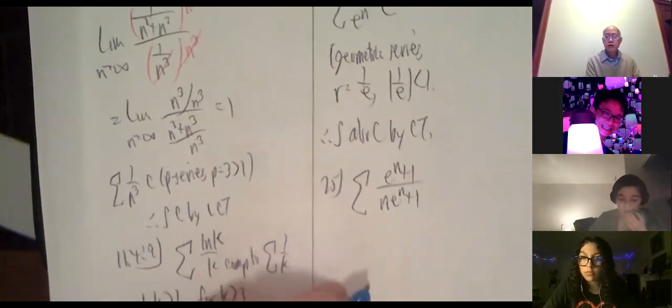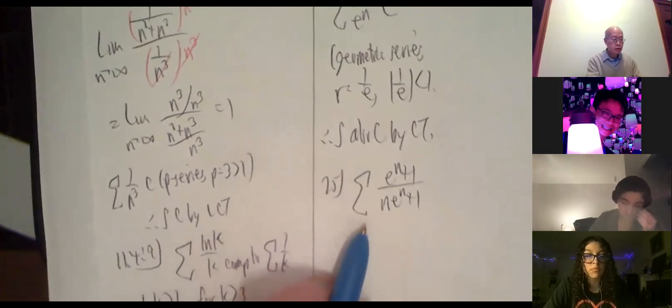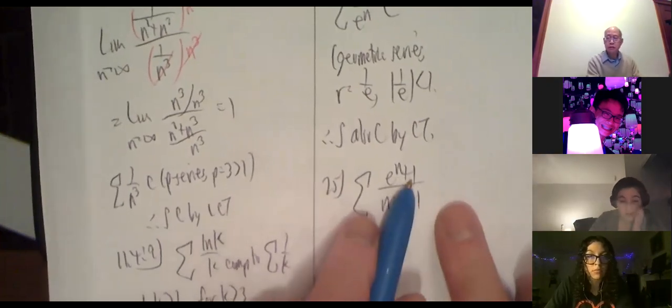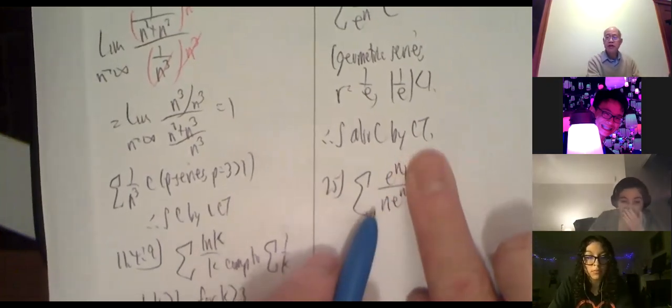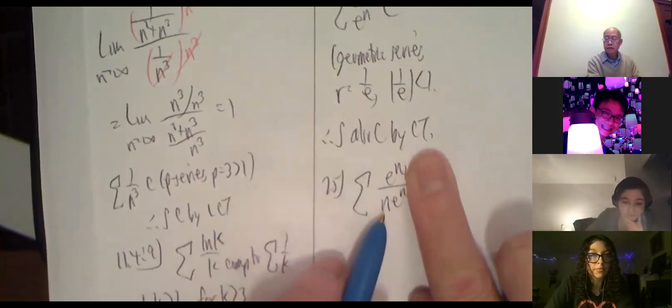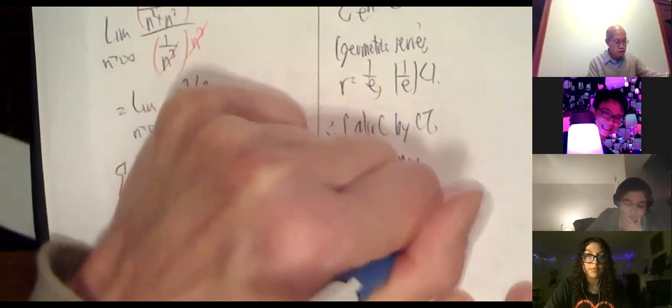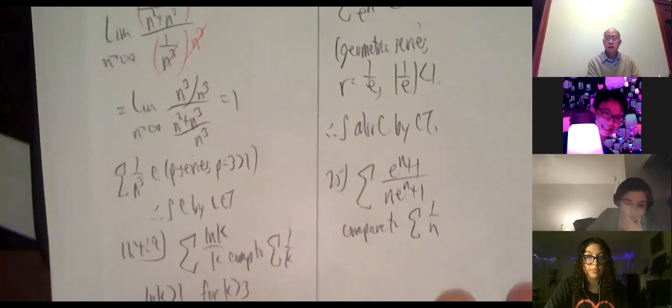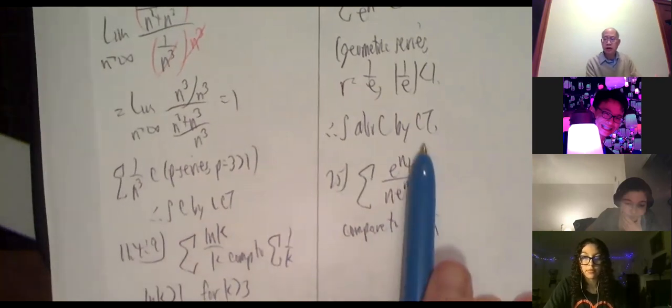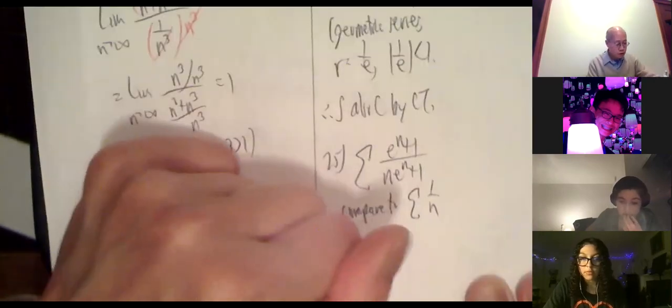Well, for super big n, forget about the plus 1s, right? E to the n divided by n e to the n, 1 over n. So compare to summation 1 over n. When n is super big, forget the 1s. E to the n's drop out, it's 1 over n. Now prove it.